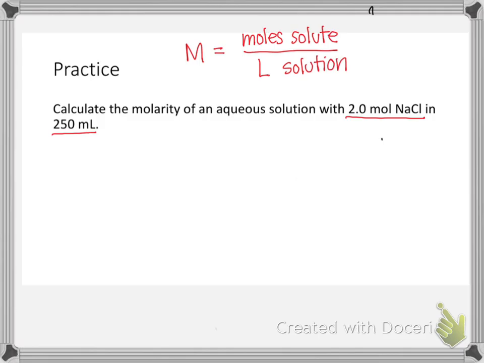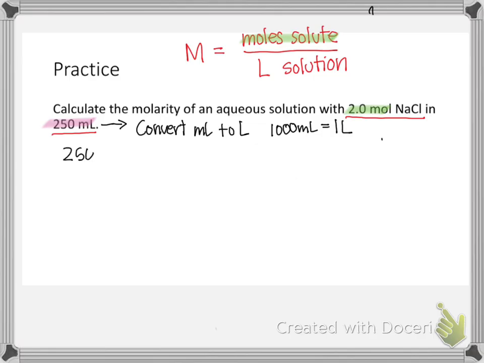So I look carefully and I already have the moles. So I can plug in 2 right there. But then I come down to the volume, and this is 250 milliliters. So because it's milliliters, I cannot use it. So I must convert milliliters to liters. The relationship is there's 1,000 milliliters in 1 liter.